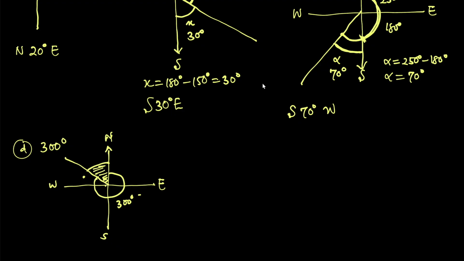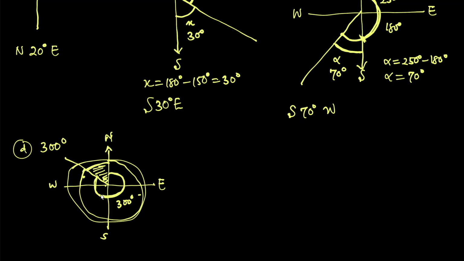The same process that we used for the 250 is what we're going to be using for this. Now, to find the remaining angle here, we know that the whole of the angle that we have is 360. From here all the way down here is 300, but we need the angle here. So if we know the total, all we have to do is remove the part that we have already to get the remaining part.